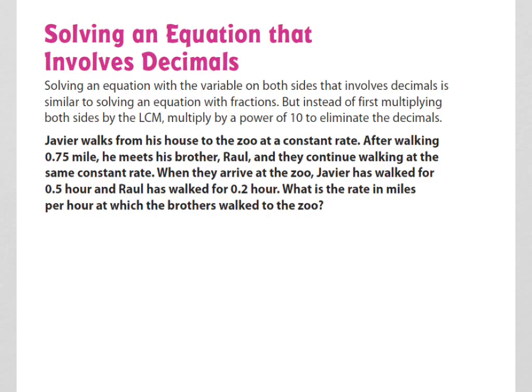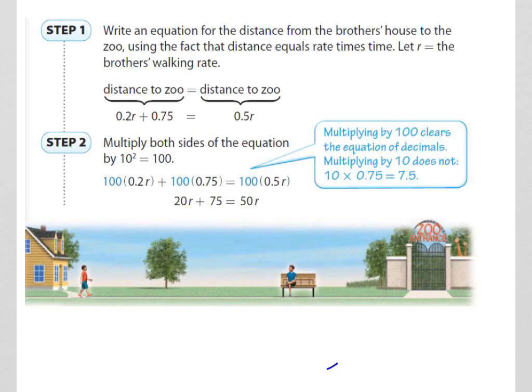Okay, let's go ahead and take a look at breaking this problem down, getting the algebraic expressions out so we can create the equation. Step 1, it says write an equation for the distance from the brothers' house to the zoo, using the fact that distance equals rate times time.